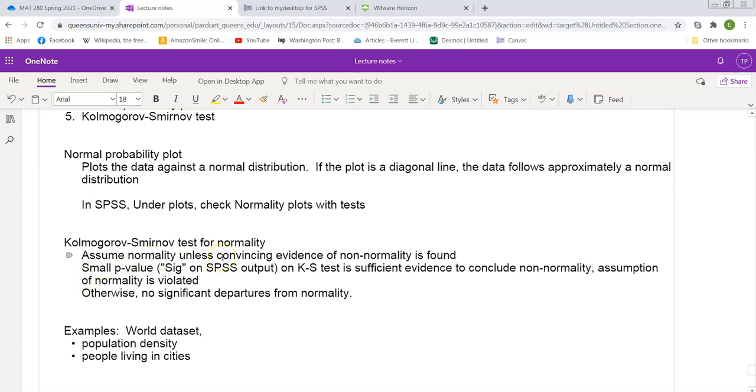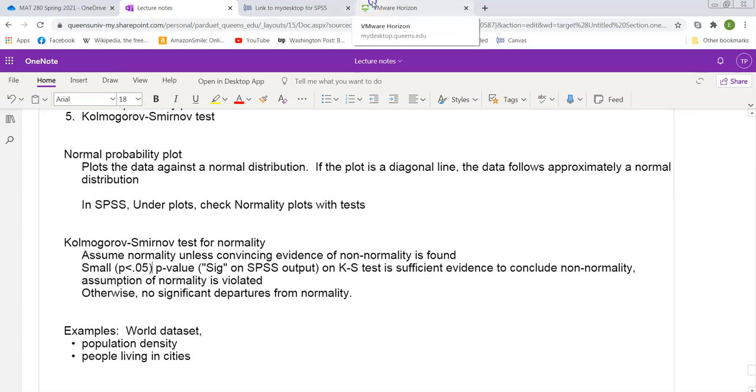Sufficient evidence consists of finding a p-value of less than 0.05 on this test. So when I say small, again, that's p less than 0.05.